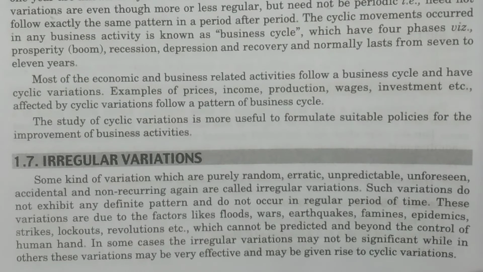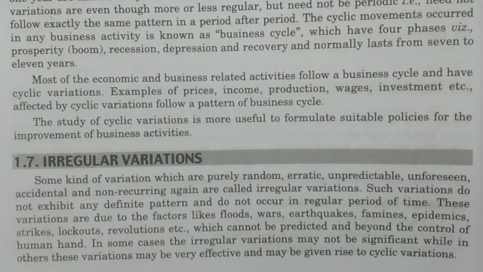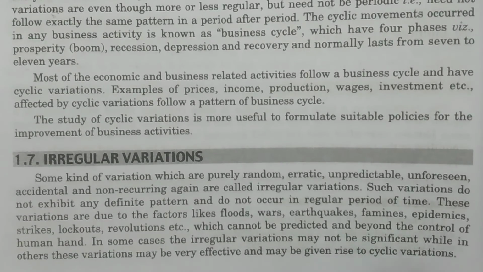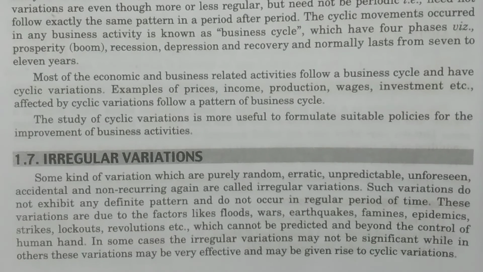Variations occur irregularly. Such variations are called irregular variations, which cannot be predicted and are beyond the control of human hands. We cannot control a flood; it is not in our hands. Epidemics, earthquakes, wars, etc., are all not in our hands.